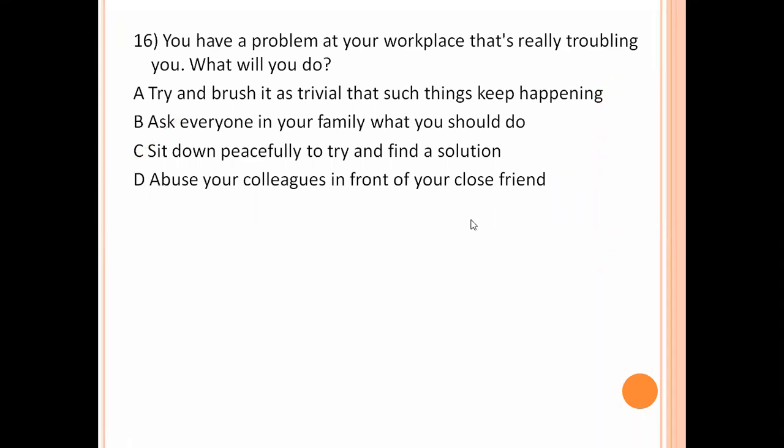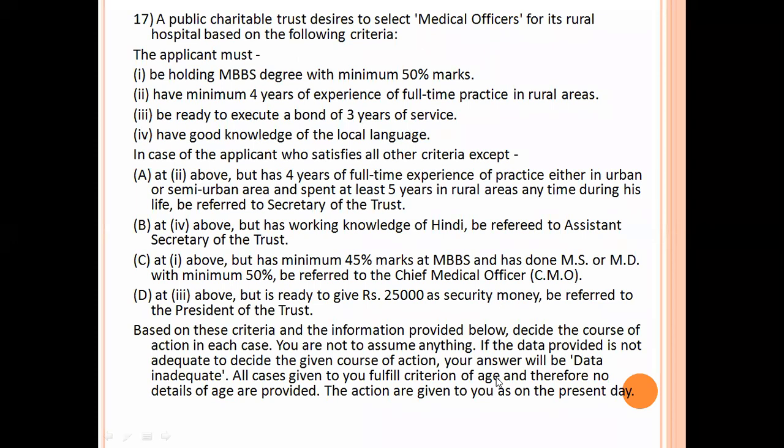Next one. A public charitable trust decides to select medical officers for its rural hospital based on the following criteria. The applicant must hold an MBBS degree with a minimum of 50% marks, have a minimum of 4 years of experience of full-time practice in rural areas, be ready to execute a bond of 3 years of service, and have good knowledge of the local language.